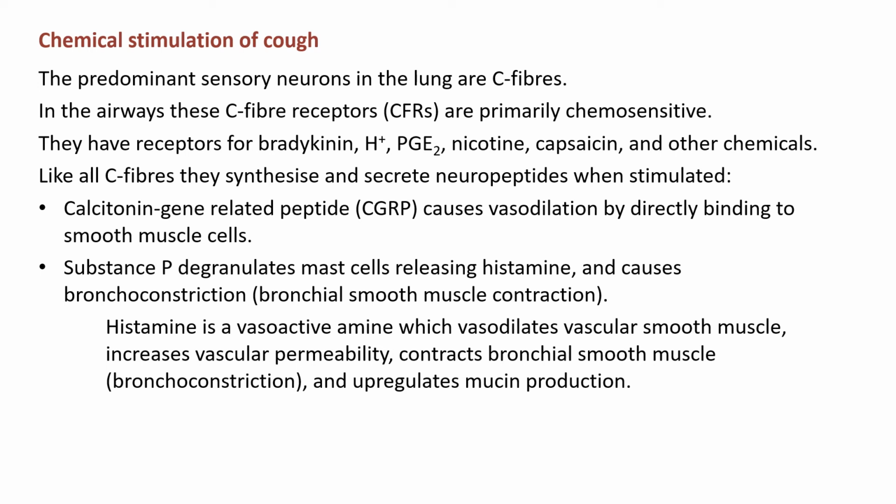In other cases, we dilate it, as in the vessels. Histamine also increases vascular permeability and, as we said, contracts bronchial smooth muscle, causing bronchoconstriction. It also, when we talk in a little while about mucus, upregulates the solid component of mucus, which is mucin.